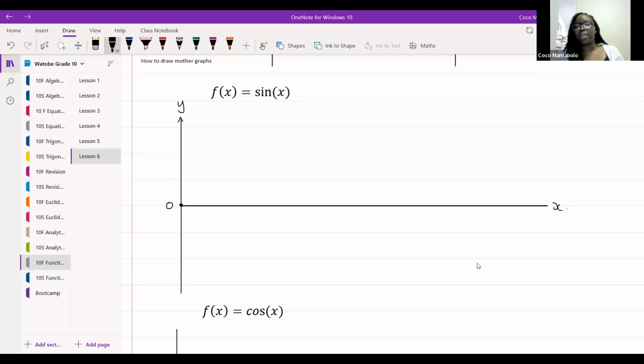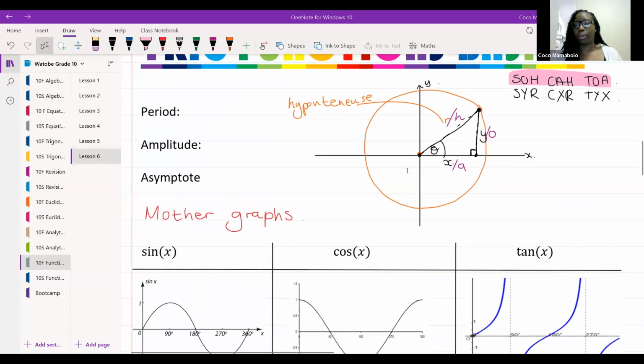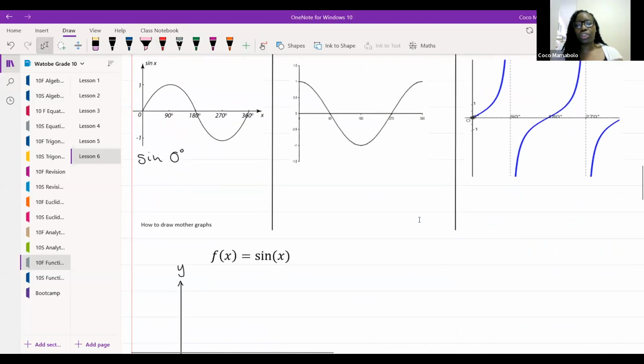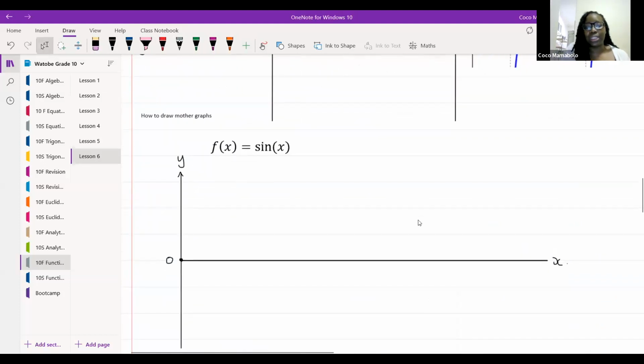Then I'm going to split my x-axis into 360 degrees. So guys, what I've done is I've taken this top graph, and instead of counting 360 degrees going around in a circle, I'm going to make my 360 degrees a straight line. So I'm going to split it up into 90 degrees there.